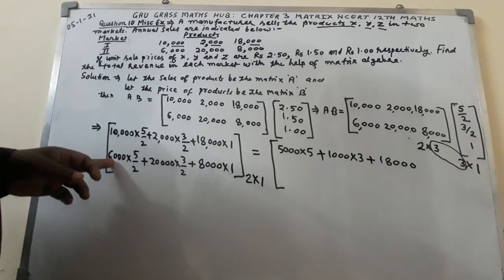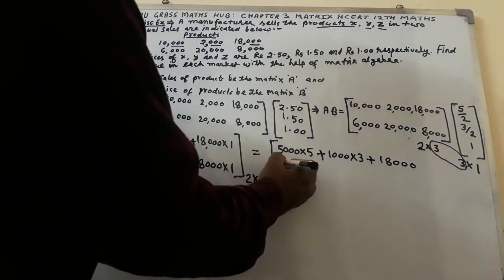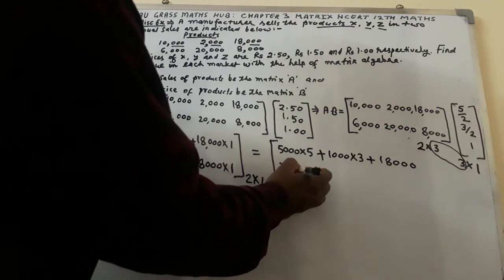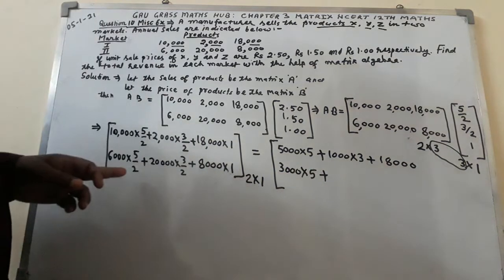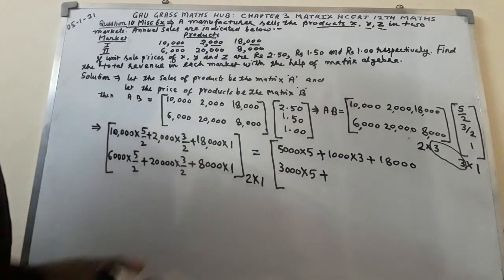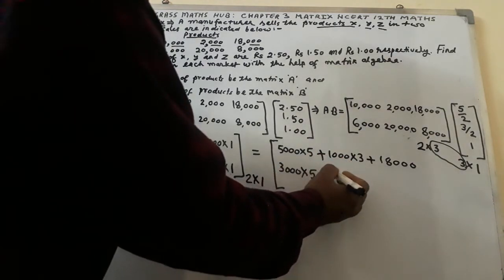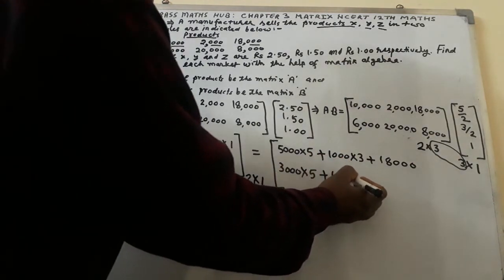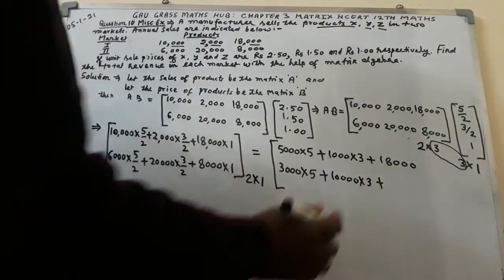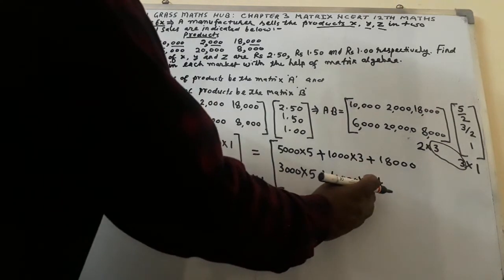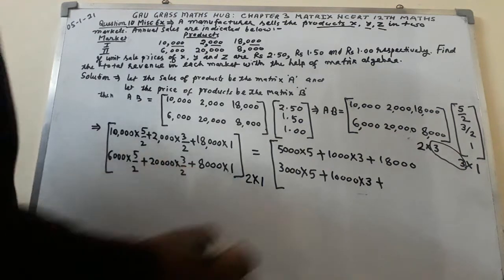Again 6,000 divided by 2 comes out to be 3,000, times 5, plus 20,000 divided by 2 comes out to be 10,000, times 3, plus 8,000.